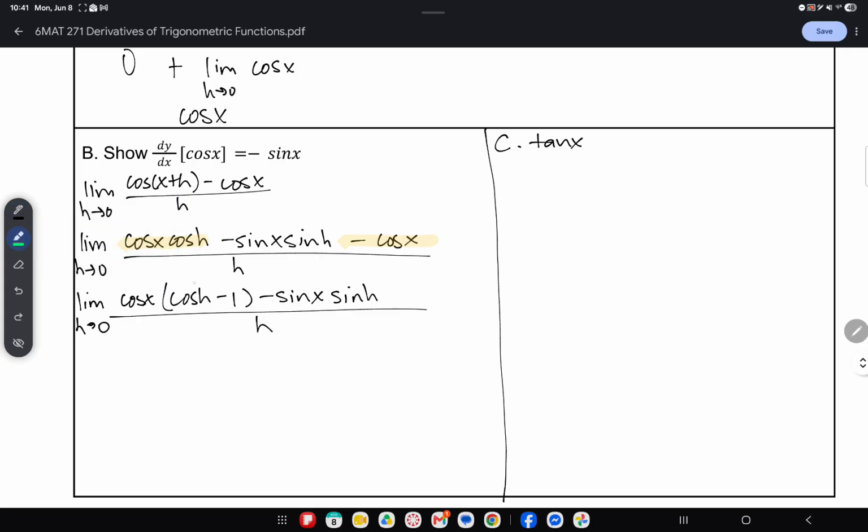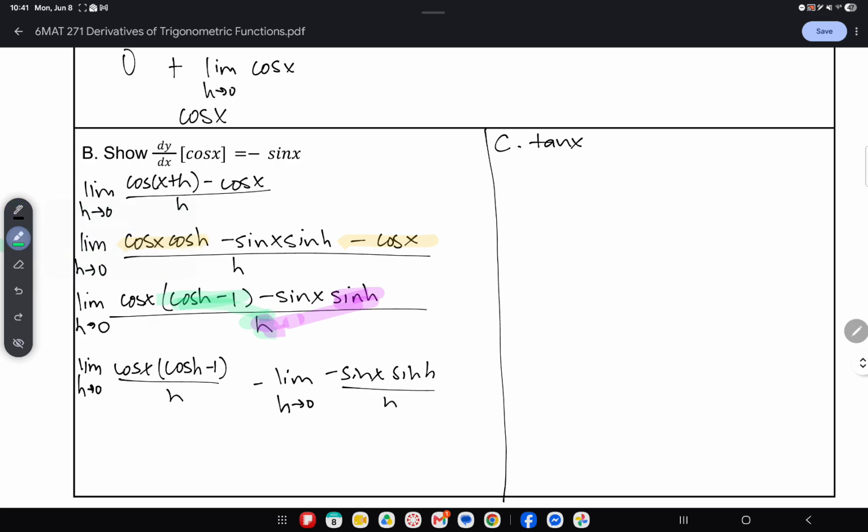And now I have those two trig limits, right? I've got this one and this one. So if I were to break it up and say, all right, the limit as h goes to 0 of cosine of x times cosine of h minus 1 all over h minus the limit as h goes to 0 of sine of x sine of h all over h.